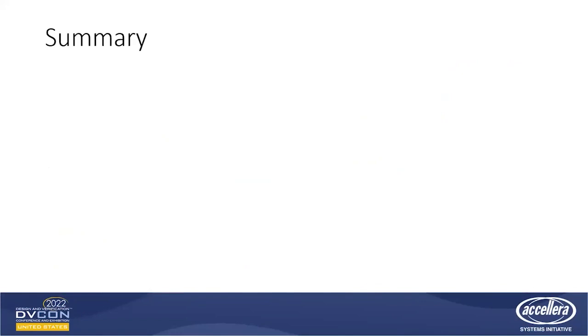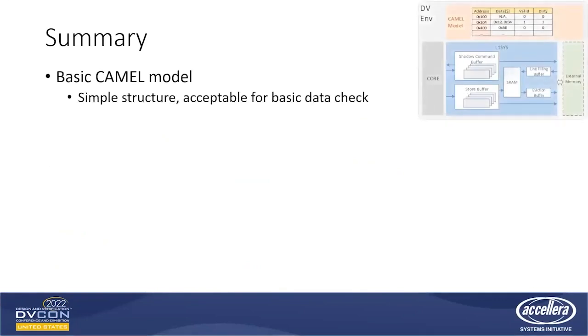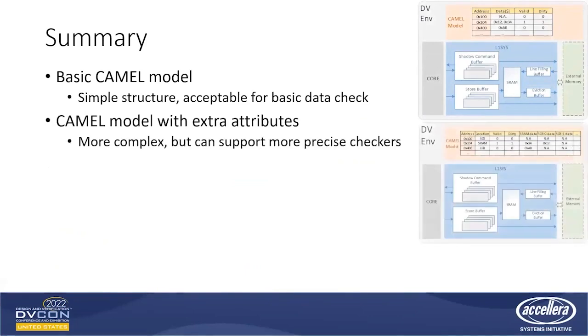And let me give a summary of the CAMEL model. The basic CAMEL model is designed in a simple structure and can offer acceptable precision for the basic data check. The CAMEL model with extra attributes can support more checkers, more precise checkers, and it is also more complex.